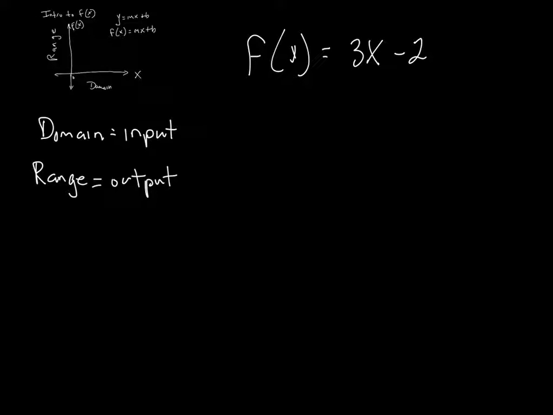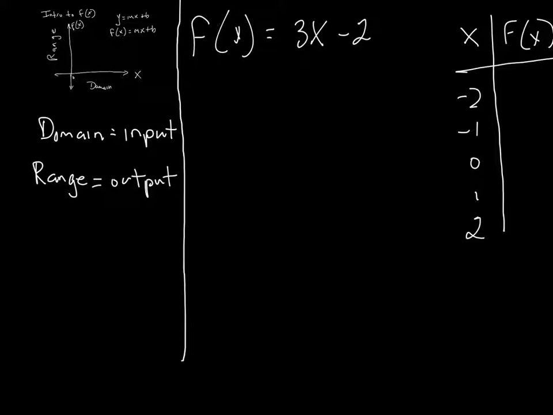So we can create a table. Taking that table, now if I evaluate my x for -2, -1, 0, 1, and 2, I get corresponding output values in the evaluation. So let's do -2 as an example.